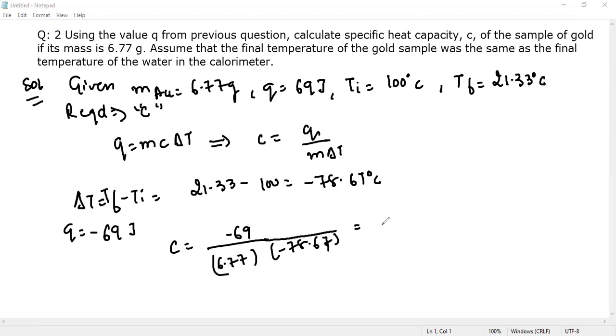Now if you go ahead and put it in the calculator, you will get the number 0.13 as the answer. The units will be joules per gram per degree Celsius. So this is how you calculate the C value for the gold in the calorimeter. Now let's try to do another problem which is based on thermal energy transfer during a neutralization reaction.